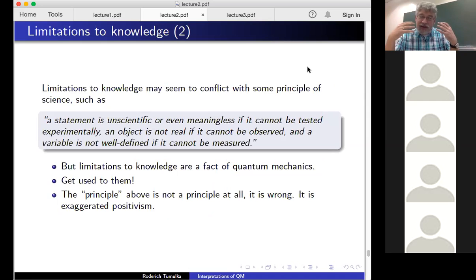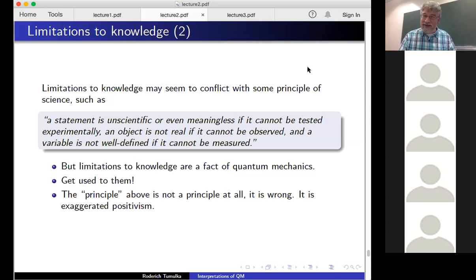But let me give words to what the most extreme version of this principle would say. It would say, a statement is unscientific or even meaningless if it cannot be tested experimentally. Likewise, an object is not real if it cannot be observed, and a variable is not well defined if it cannot be measured.